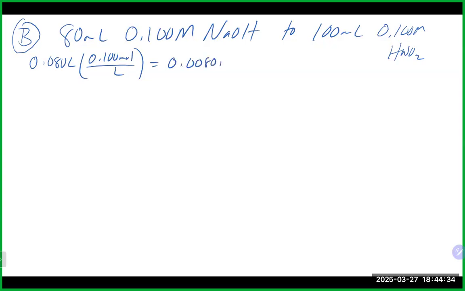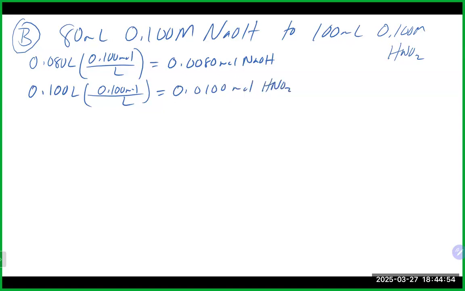0.008 moles of sodium hydroxide. We'll go 0.1 liters times the molarity of our acid, and that's going to get us our moles of our acid, 0.01 moles of our nitrous acid. We're ready to go into our equation here.